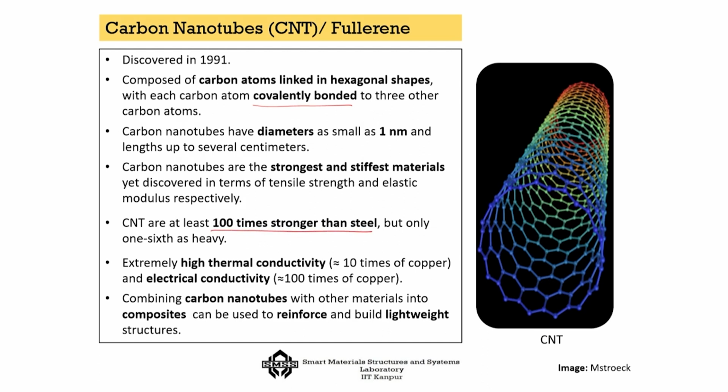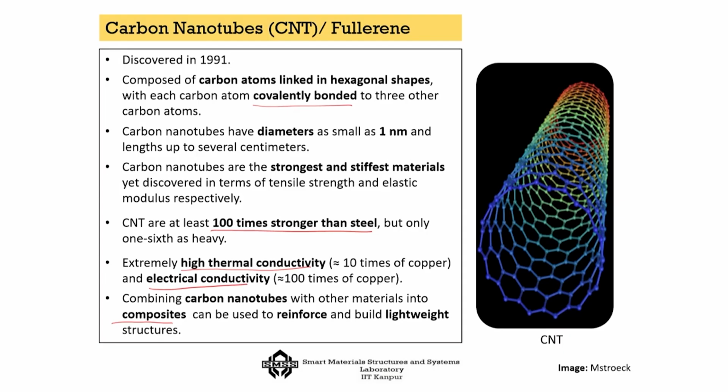Only thing, it is expensive, the cost becomes a factor, but it has very high thermal conductivity, 10 times of copper, and also high electrical conductivity, which is 100 times of copper. Now, if I include carbon nanotube in some kind of a polymer, I get something which is a CNT based composite, which will be both extremely lightweight as well as functional in nature. So, we can make good use of such systems.